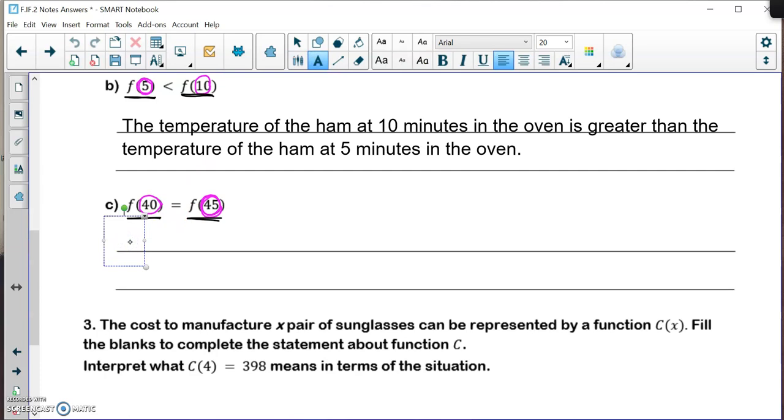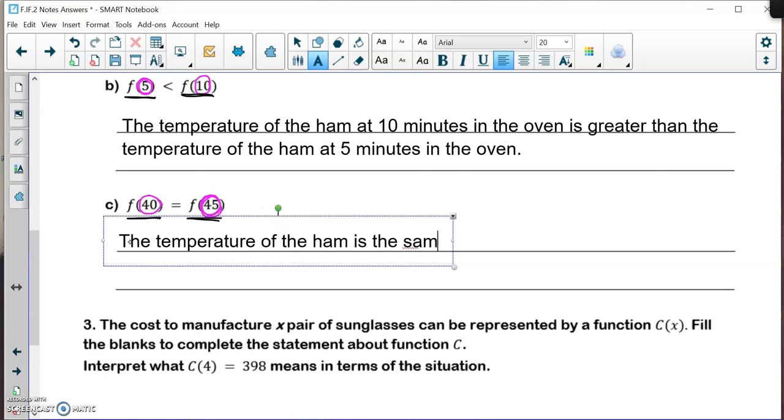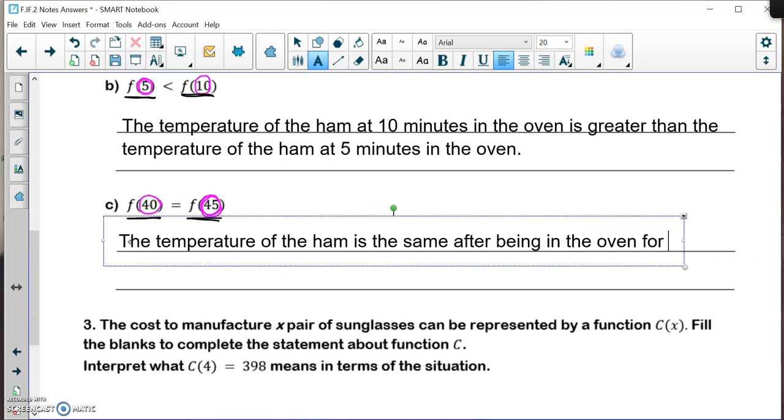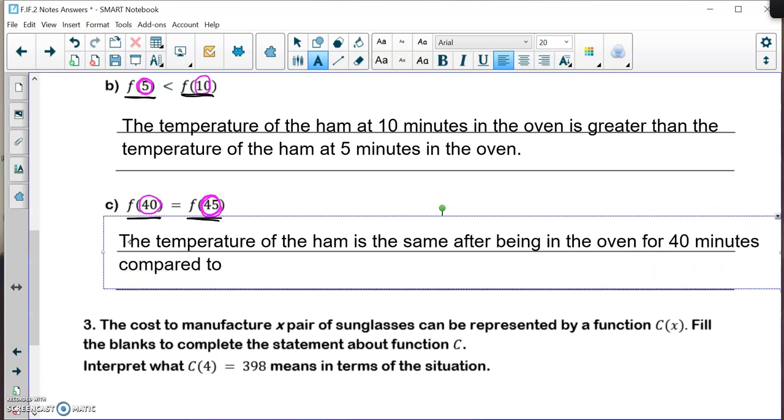And those are equal. So this statement would be the temperature of the ham is the same after being in the oven for 40 minutes compared to 45 minutes.